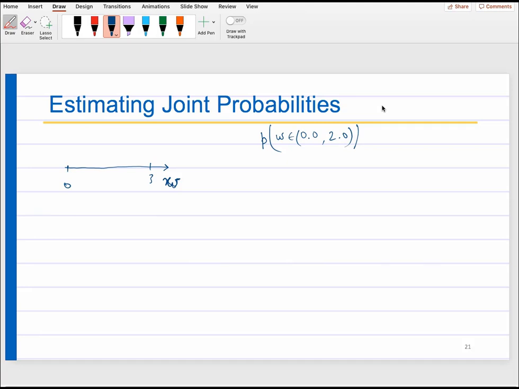So if I can estimate a function integrating over which I can find my W's, that will be useful.